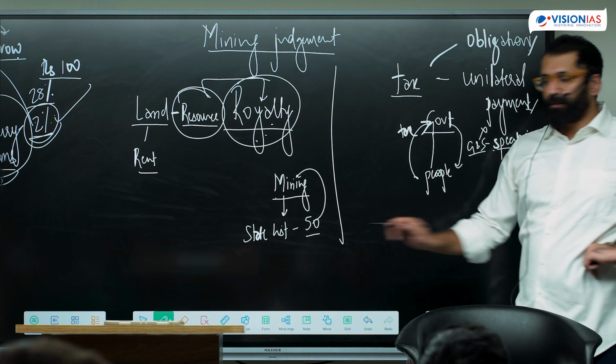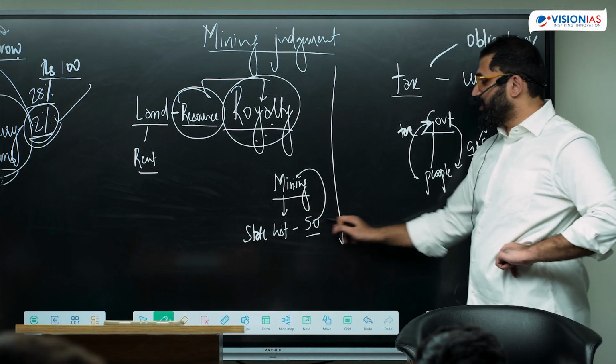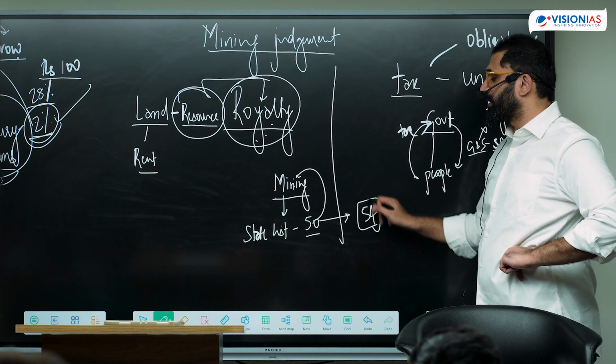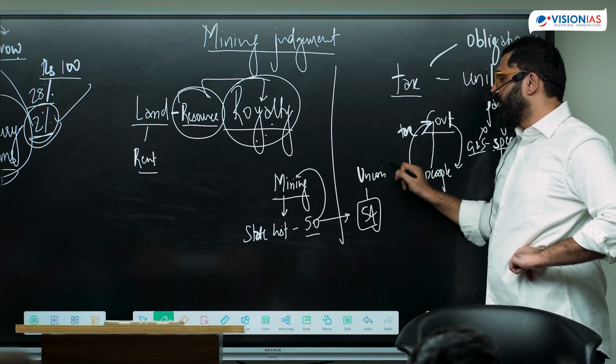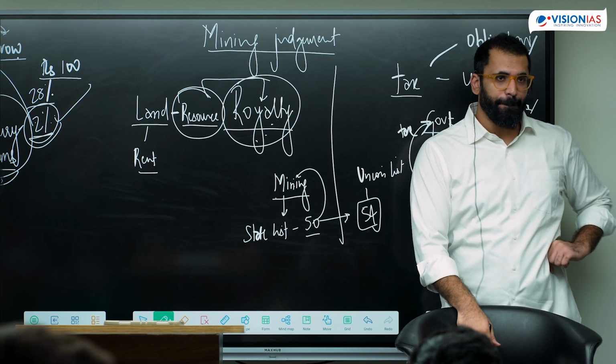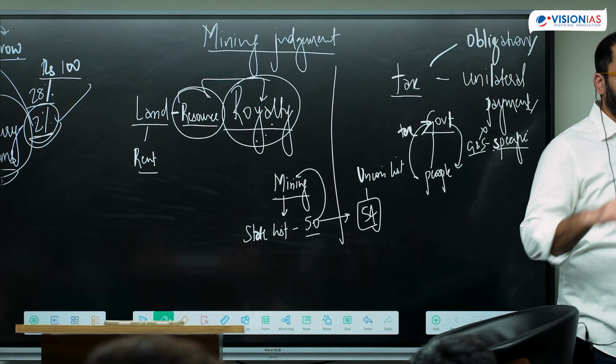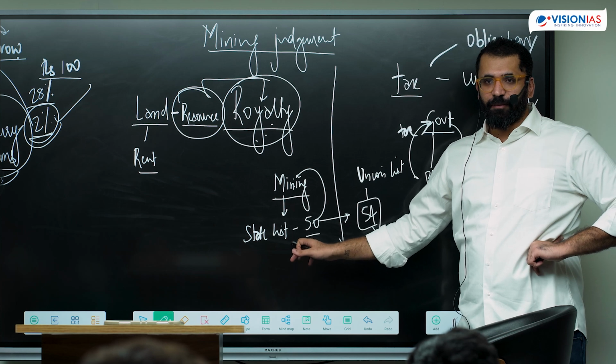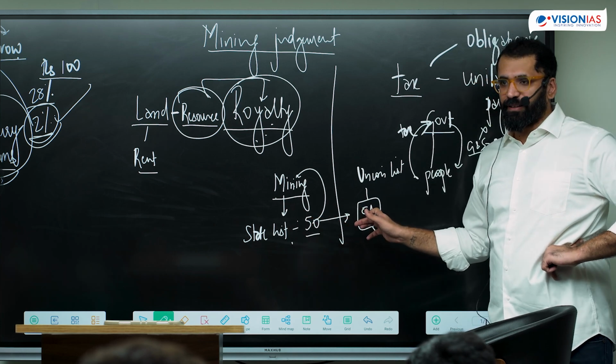All regulations will be regulated by the state government, but subject to any law made by the parliament given by the powers under the Union List subject 54.